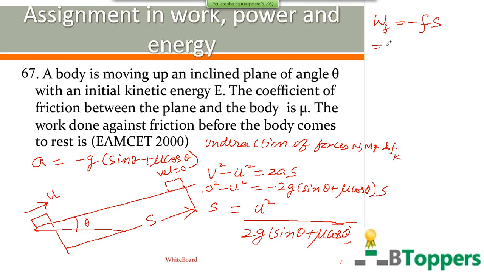The magnitude of the friction force when the body is moving up the inclined plane is nu into the magnitude of normal reaction, which in this case is mg cos theta. And S can be written as u square by 2g into (sine theta plus nu cos theta).